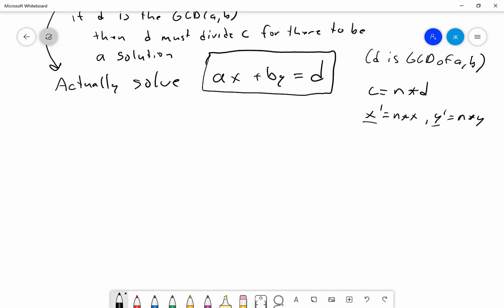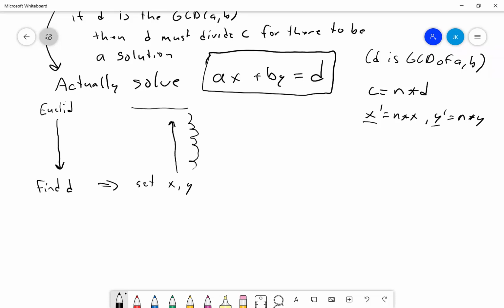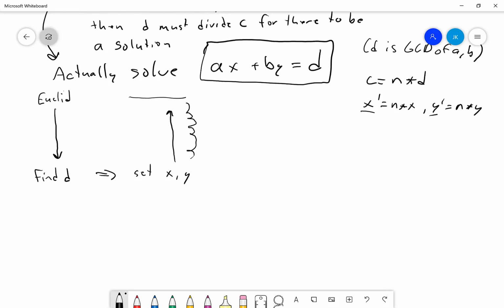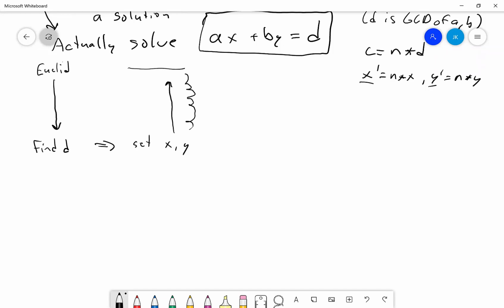It'll follow the standard Euclid algorithm down to find D. And then that is going to set an X and a Y. And then we are going to undo all the stages of Euclid's algorithm to generate new X, Y at each level until we get back to our original equation. Let me actually write this out as an algorithm briefly.